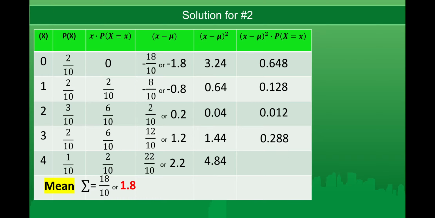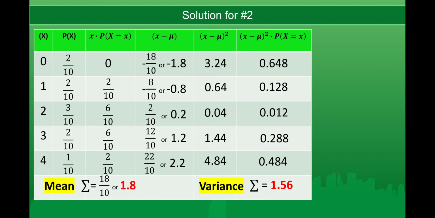And 1.44 times 2 over 10 is 0.288. And 4.84 times 1 over 10 is 0.484. So to find the variance, add all the products in the last column, and that is equal to 1.56. So therefore, the variance is 1.56.